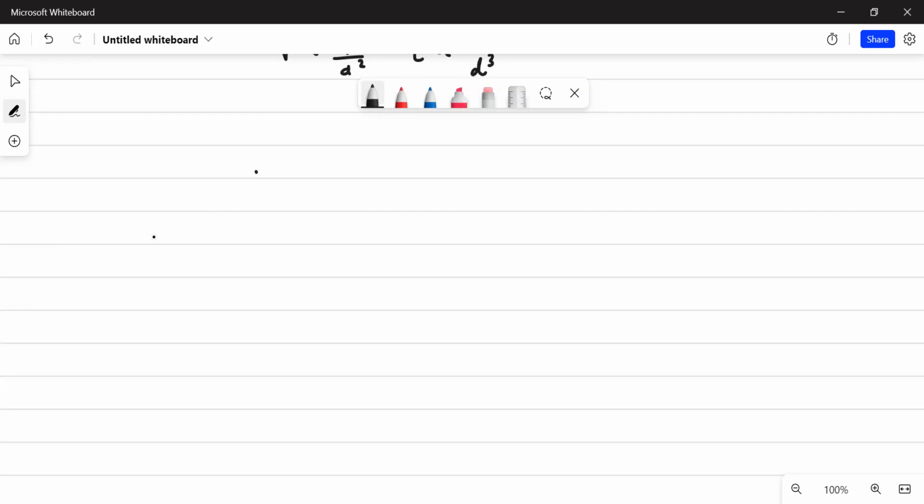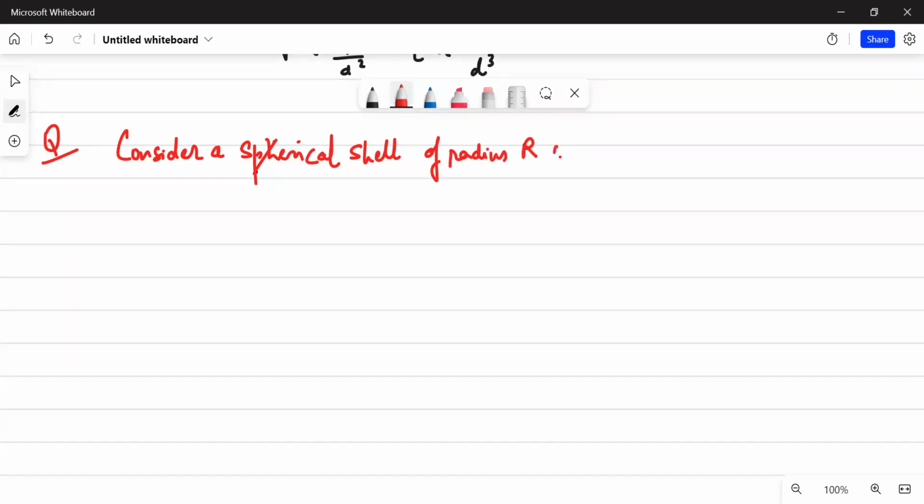It was here. Yes. So the first thing that we want to find is, consider a spherical shell of radius capital R, which carries a surface charge, sigma is equal to k cos theta.